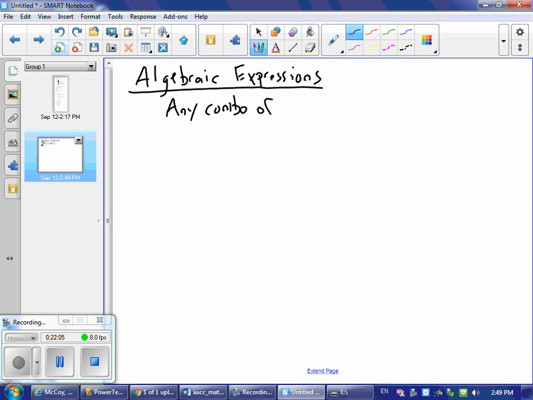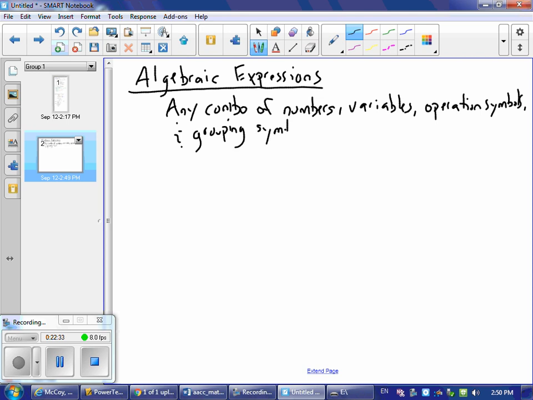Any combination of numbers, variables, operation symbols, which is, you know, plus, minus, times, divide, things like that, exponents, and grouping symbols. So any combination of all that stuff is going to be an algebraic expression. It could only have one of those pieces. It could have all 4 of those pieces. It could have 2 of them. It could have 3 of them.